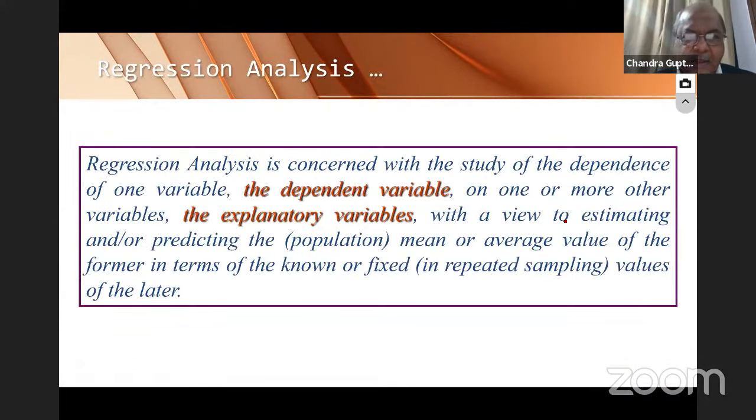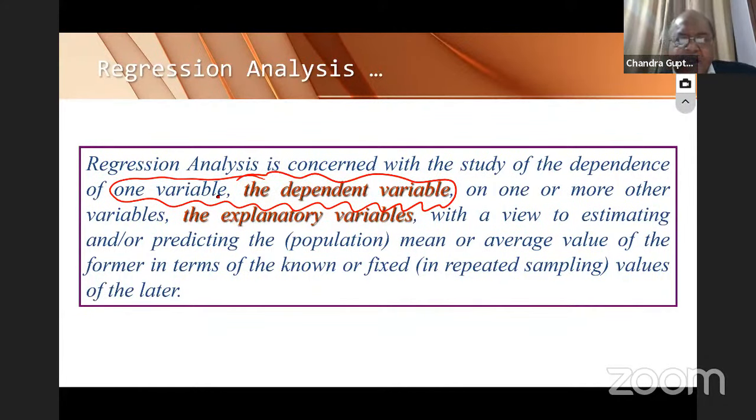So that's our next agenda, regression analysis. In regression analysis, we have one dependent variable and we can have more than one explanatory variable. The dependent variable is normally represented by y.